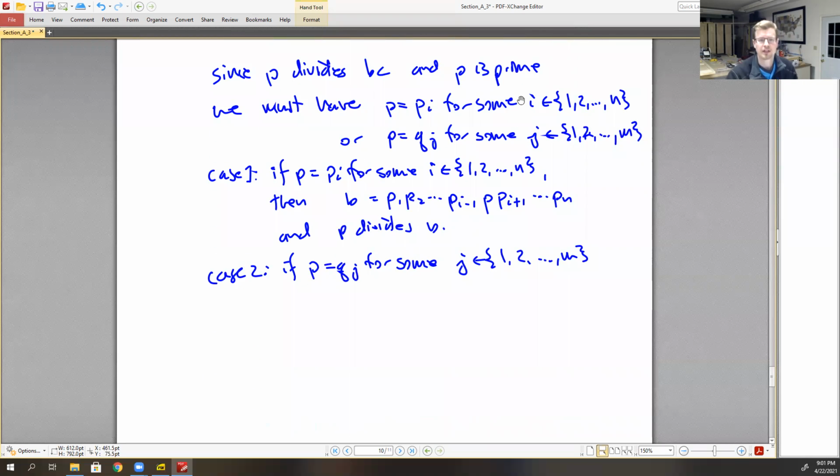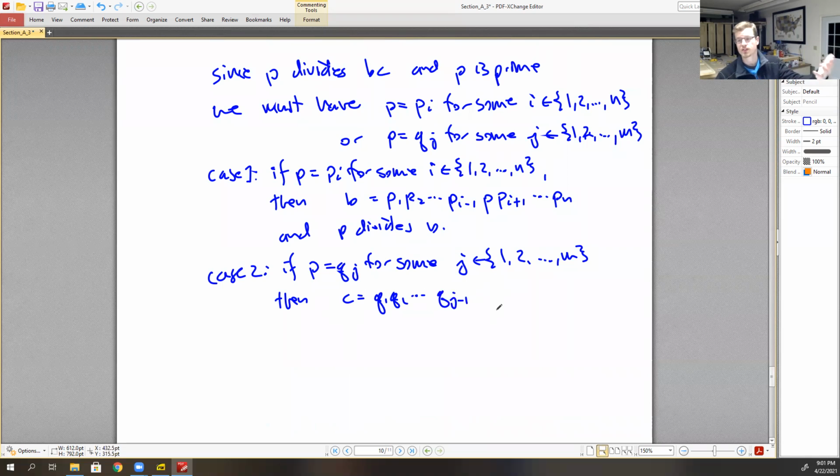All right, excellent. So similarly, we can say that C would be equal to Q1 times Q2 times all the way up to Q sub j minus 1. I don't know what j is, it could be 1, doesn't really matter. Times P, because Qj is P, that's what we're saying here.